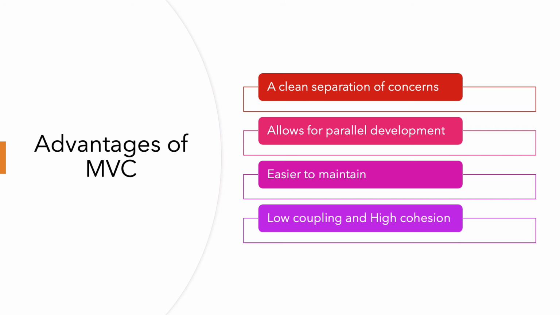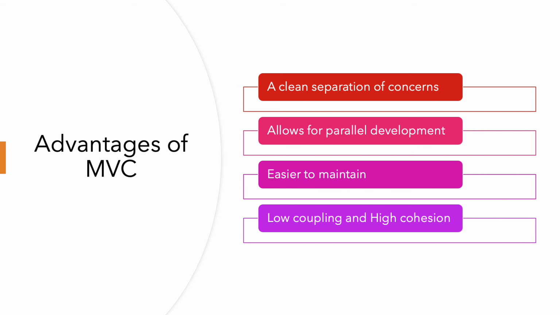Some of the advantages of using this design pattern include a clean separation of concerns. This means that the three components have clearly defined responsibilities. Also, since the design pattern has multiple parts, it enables teams to work on separate concerns in parallel. For example, one developer could be working on the view while another works on the model, and lastly, another can finish the controller.